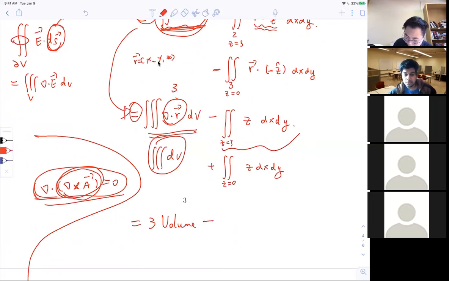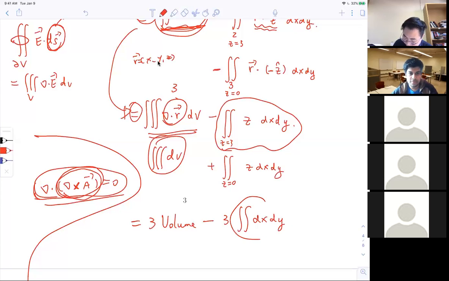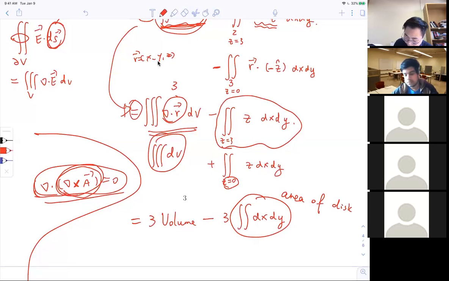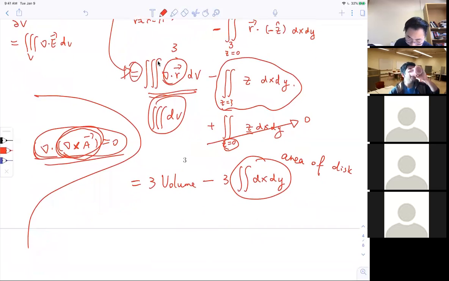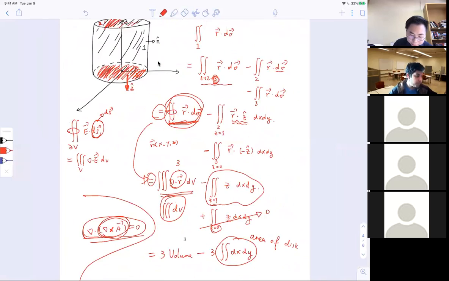So this minus the z term, with z equal to 3, we replace z with 3 and get the areal integral. This is nothing but the area of the disk. And with z equal to 0, that term just goes away. So the volume is easy to calculate.